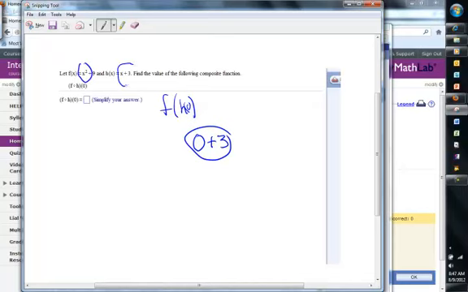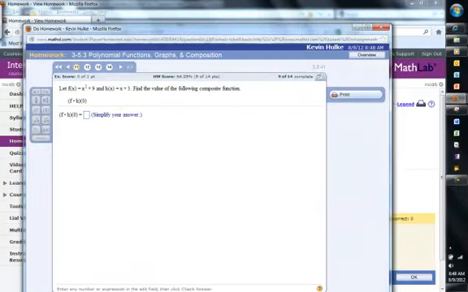So we put in 0 here. Now we're going to take that and square it and add 9. 0 plus 3 is 3. 3 squared is 9, plus 9 is 18. So f of h of 0 is 18.